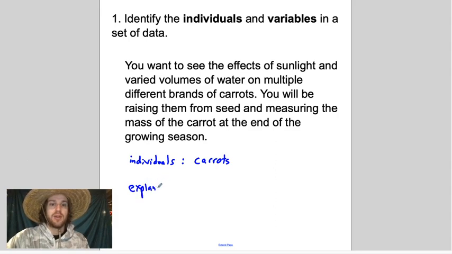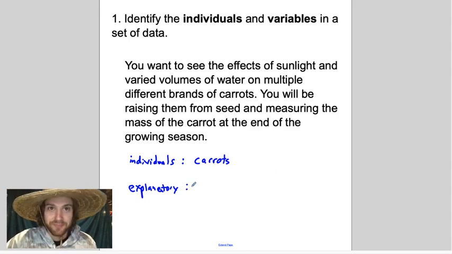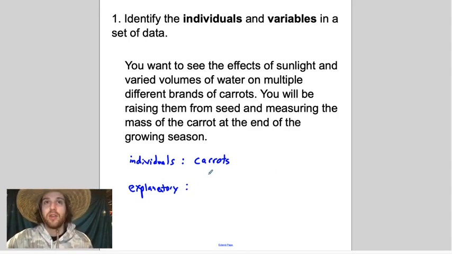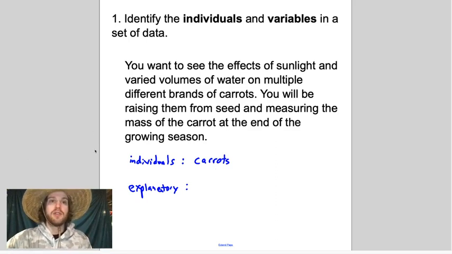Explanatory, I'm going to make it like an EA. The explanatory variable is the one that we can change, and the response is the one that we are measuring in the end. Response is the one that we are measuring when we're done.